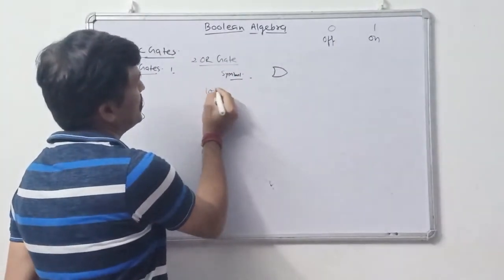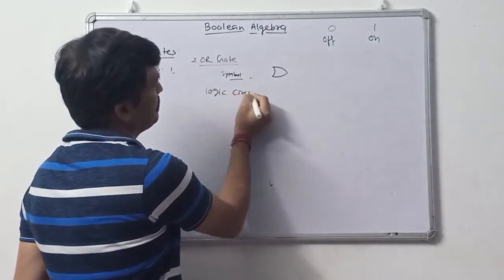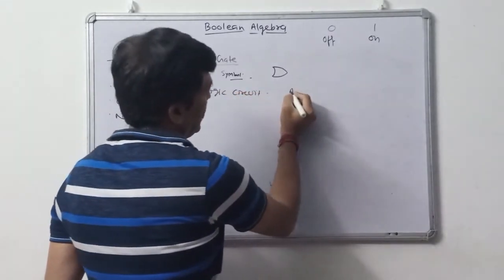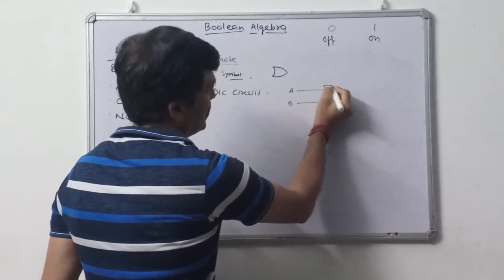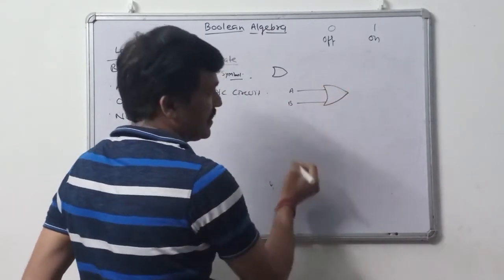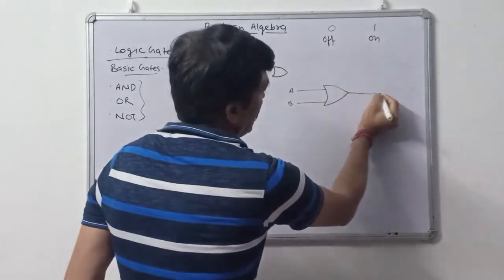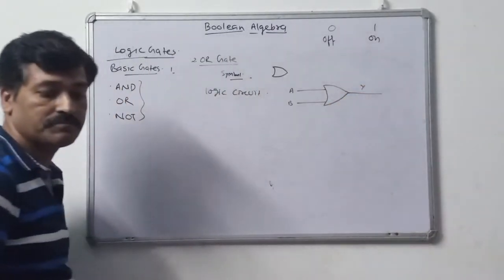The logic circuit we can make as A and B are two inputs passed, and this is the result.